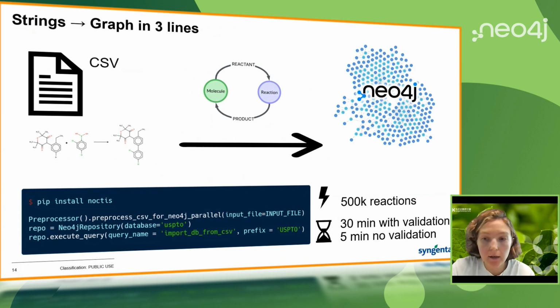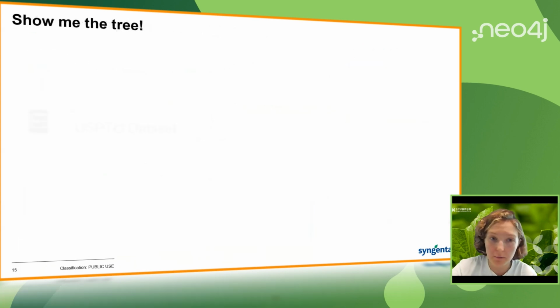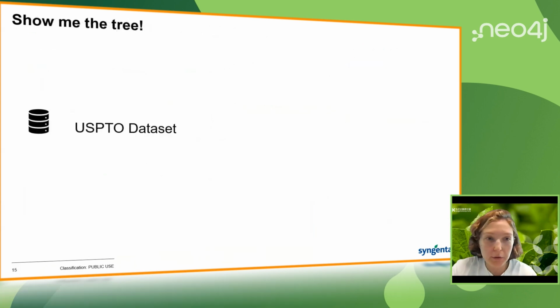So let's imagine that now we ran these commands and we have USPTO reactions living in a graph. And I'm going to use an example of paracetamol. Hopefully none of you had to take it today. I point Noctis to paracetamol and I ask it to find all the reactions which are 4 steps away from paracetamol.